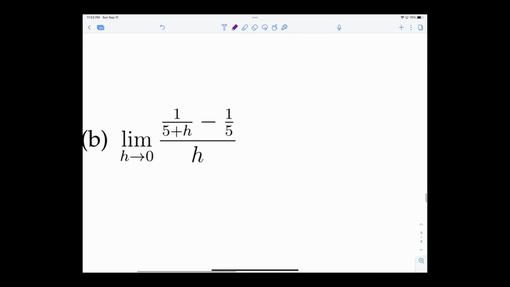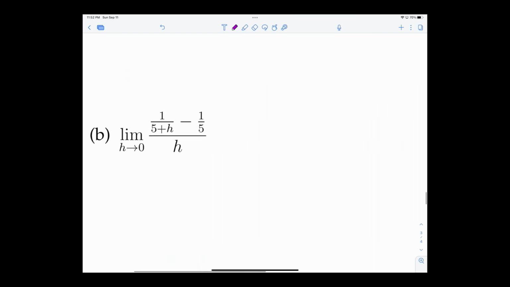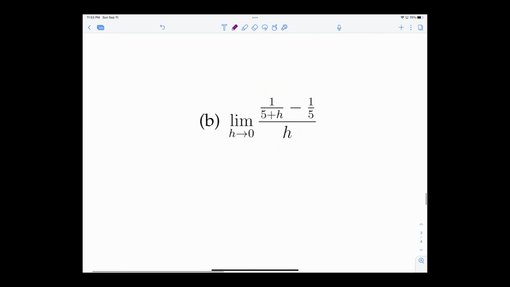And one more. So this is going to be probably the trickiest one that we look at. It's fraction type, so we're still basically doing the same thing. So our common denominator is going to be 5 plus h times 5, right? So again, we multiply every term by that.